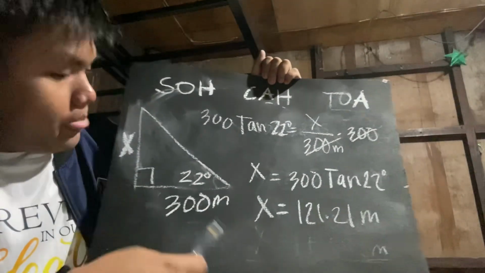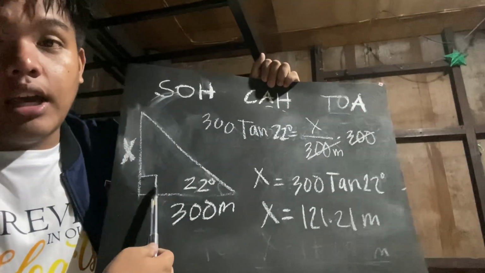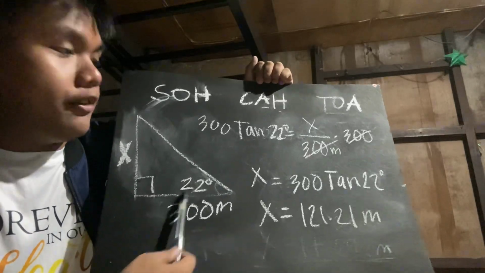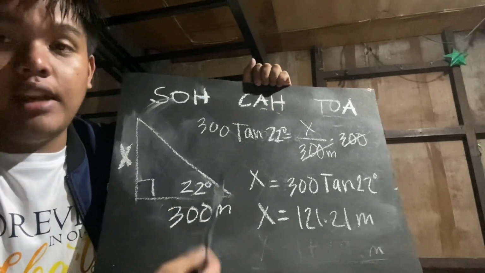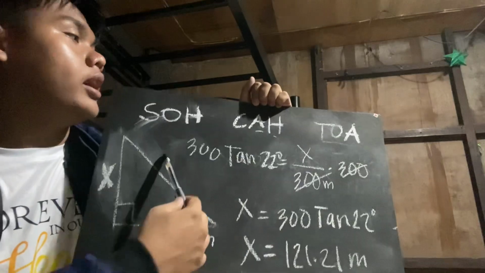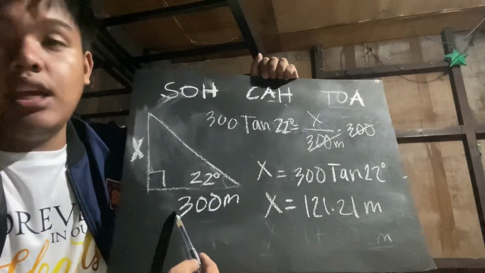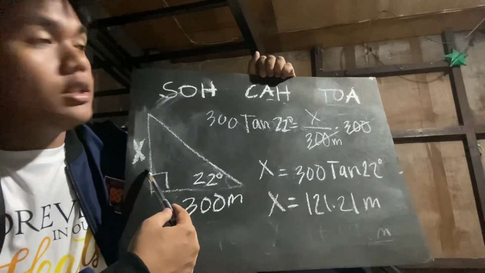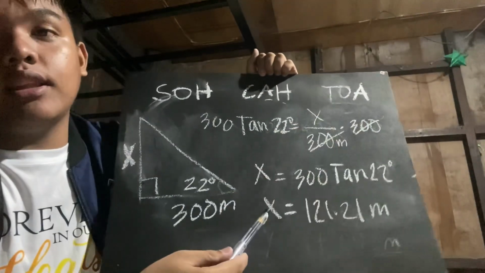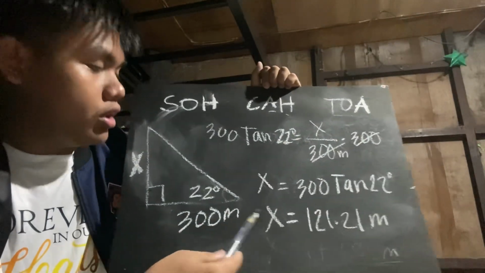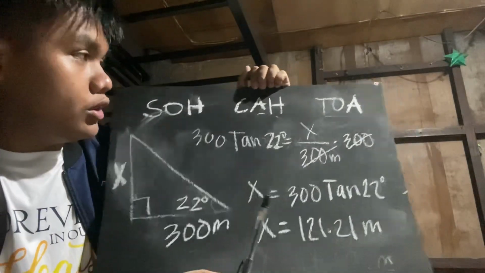So, to recap, we have a given right triangle. In every right triangle, if there's a remaining side and a given angle, you can use SOH CAH TOA. As you can see, we have a given adjacent and we need to find the opposite. The TOA is fit for that solution.